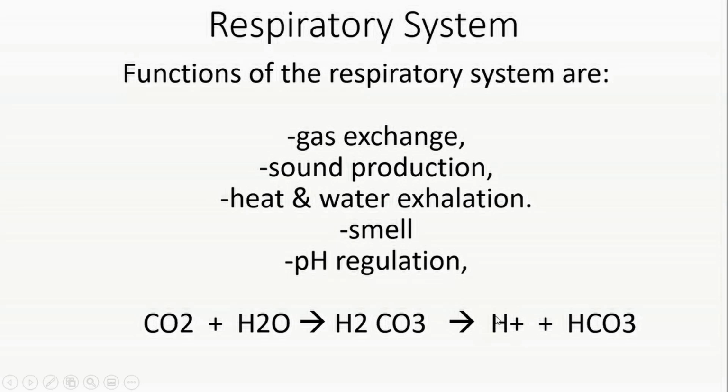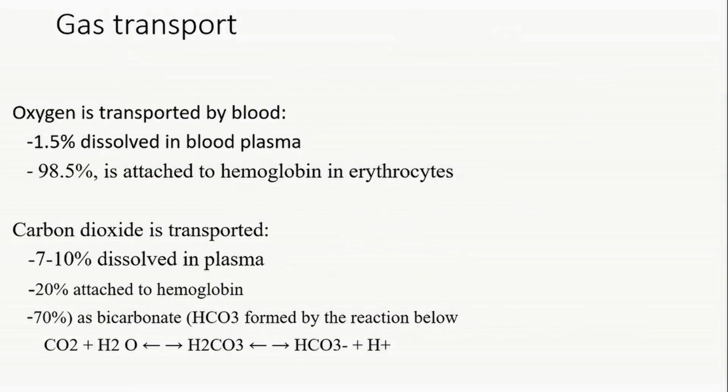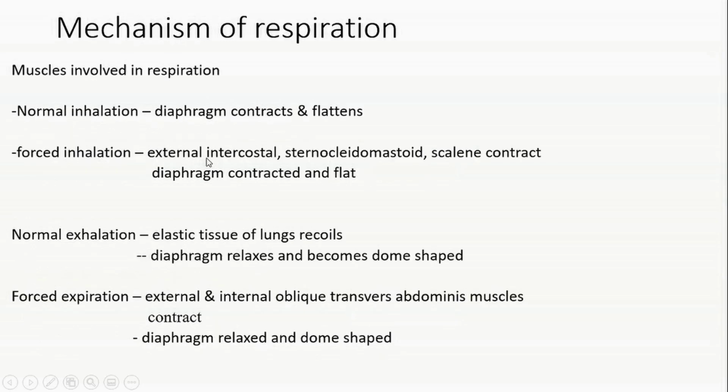So our respiratory system prevents extreme acidity by getting rid of the excess carbon dioxide from our system. Oxygen and carbon dioxide in our bloodstream are transported in these ways.